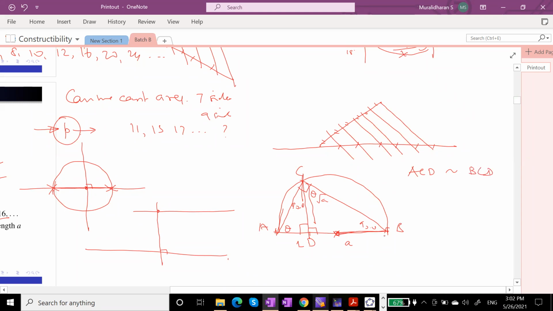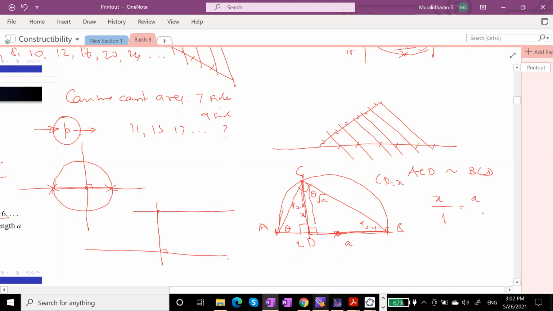Suppose CD is equal to x. Then x is the side opposite to 90 minus theta in this triangle. What is the side opposite to the same 90 minus theta in the other triangle? It is 1. So x by 1 is equal to... Again, the side opposite to theta in this triangle is a.